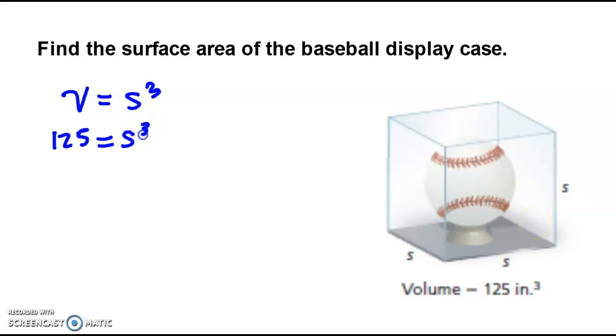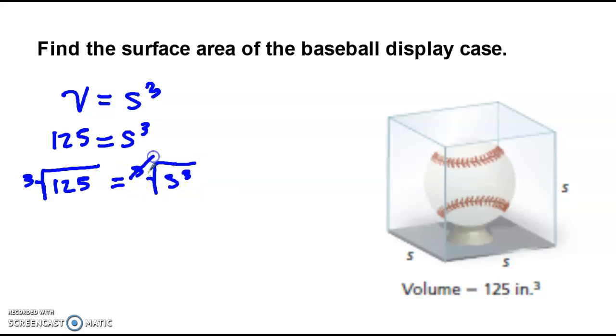Okay, so we're trying to isolate the s. Do you know what the inverse operation of cubing something is? Good, the cube root. So we're going to have to cube root 125. And then we're going to also have to cube root the s cubed.